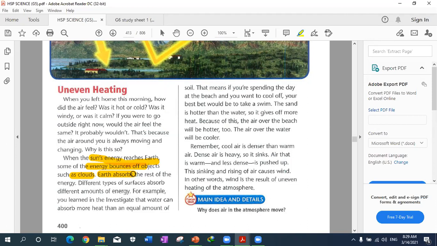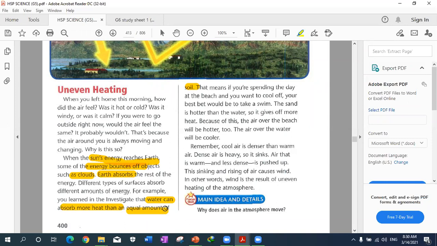So water, for example, can absorb more heat than soil. Do you know that? Water can actually take in more heat than the soil itself.